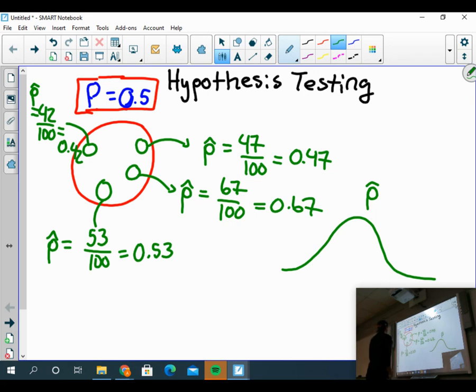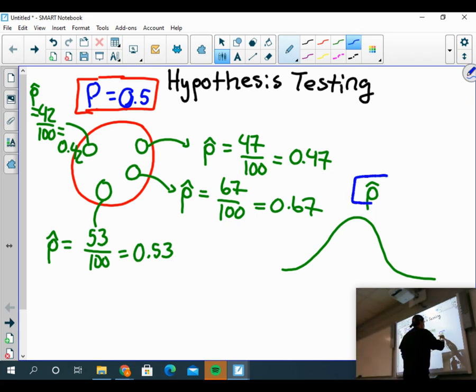And the way we're going to explore that is we're going to look at the distribution of p hat. All these sample proportions create a distribution. We talked about this in chapter 8 and chapter 9, the idea of a sampling distribution.